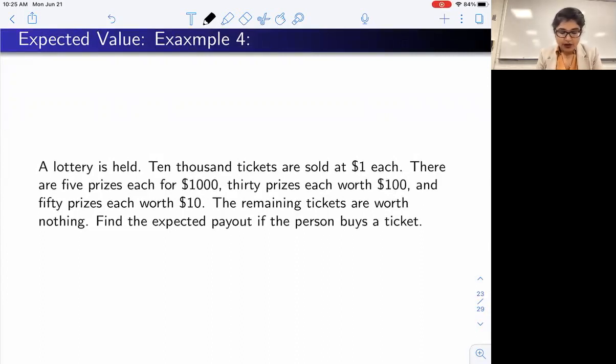So a lottery is held, 10,000 tickets are sold at $1 each. So let's say in Walmart, they had 10,000 tickets and they all were sold at $1 each. There are 5 prizes each worth $1,000.